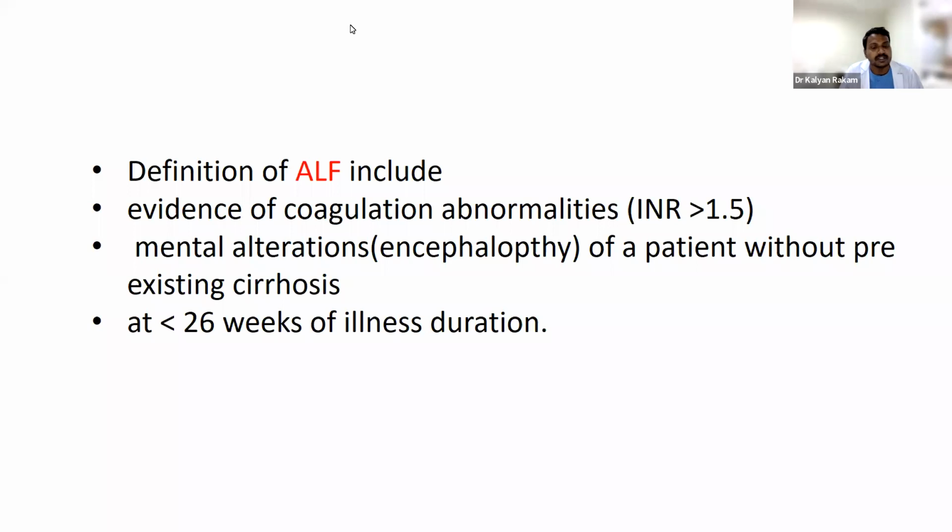And the duration is also important here. Less than 26 weeks should be the illness duration, because more than 26 weeks again goes into chronic liver disease. So the answer is ascites, because jaundice, encephalopathy, and coagulation abnormalities are all features of acute liver failure, but not ascites.